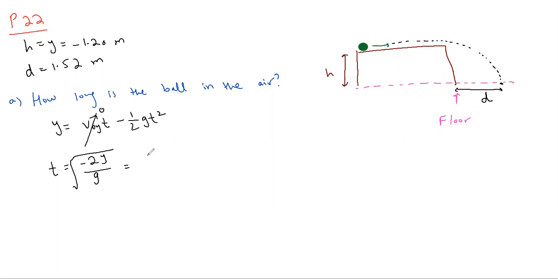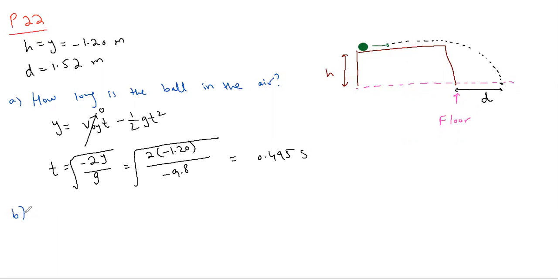So 2 into minus 1.20, g is 9.8, so this will be 0.495 seconds.